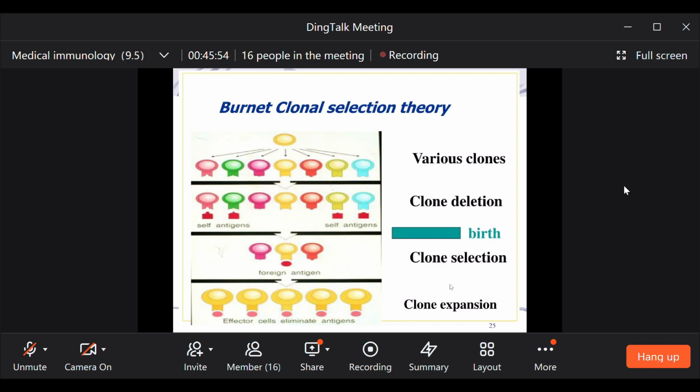While multiplying, the lymphocyte creates two major kinds of cells, effector cells and memory cells.